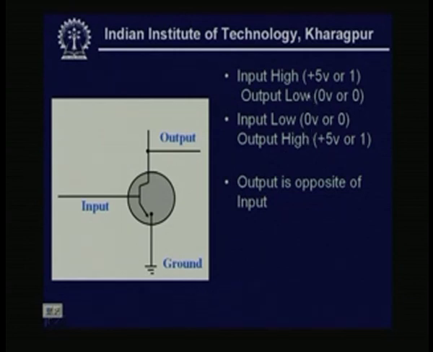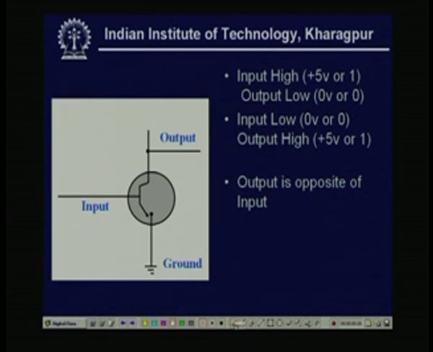So, if the input is high, +5 volt, we get output 0 volt, and if the input is low, 0 volt, output is 5 volt. This is the totally opposite thing. This is the basic concept of the logic family. Exploiting this idea we will develop our logic families.